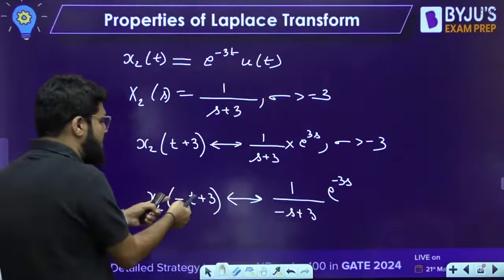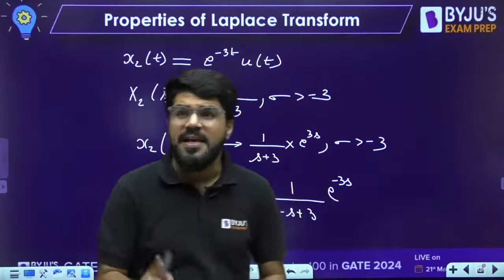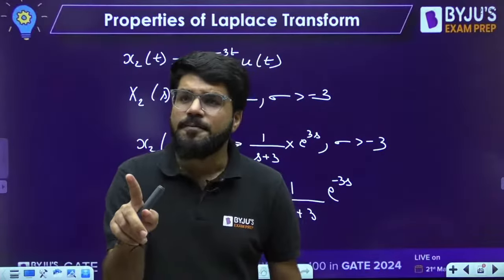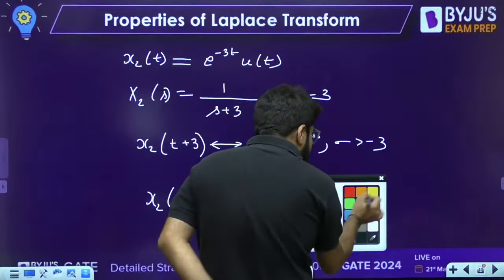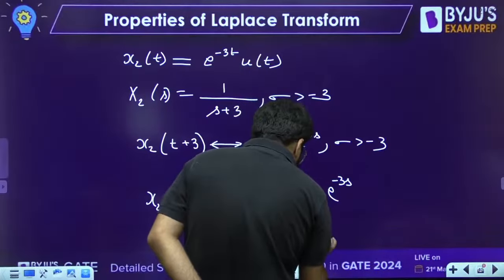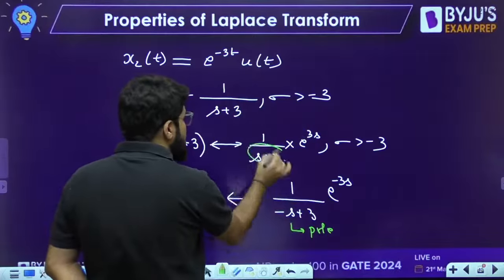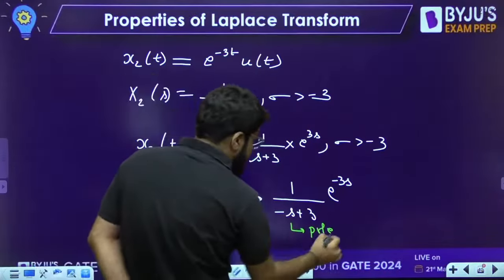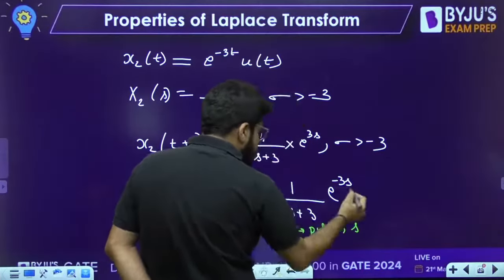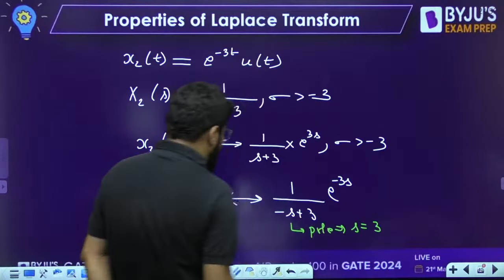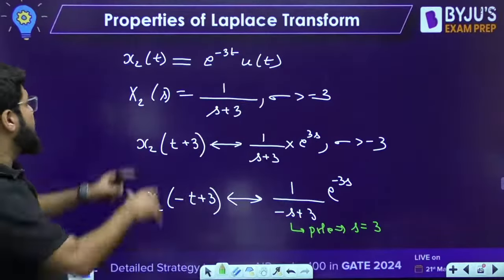If t is replaced by minus t, s is also replaced by minus s, but will there be a change in ROC? Look into this. In the previous one there was no change in the pole. But here, definitely the pole, minus s plus 3 equal to 0, so s is equal to 3.